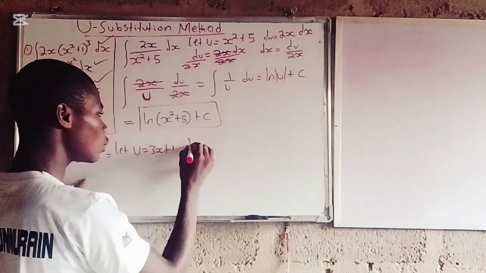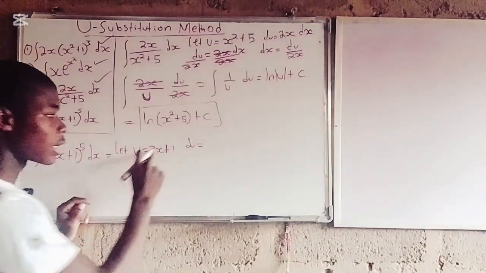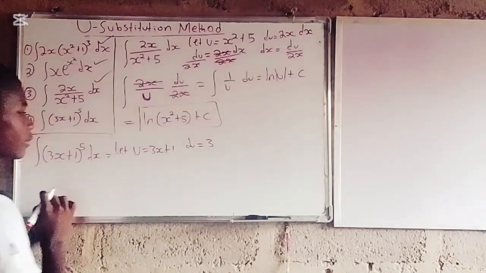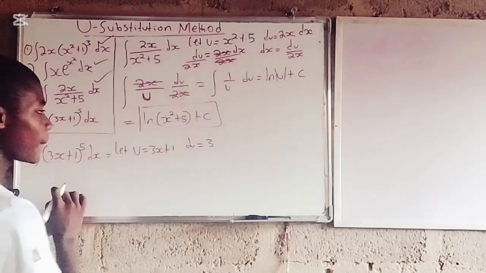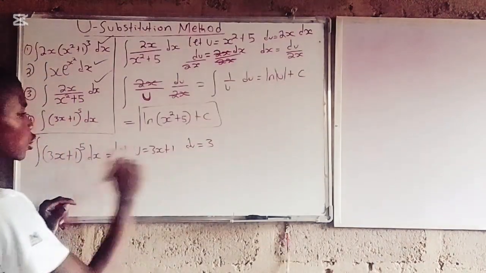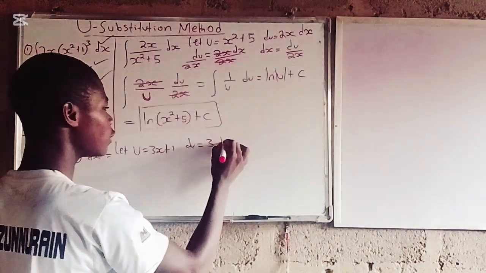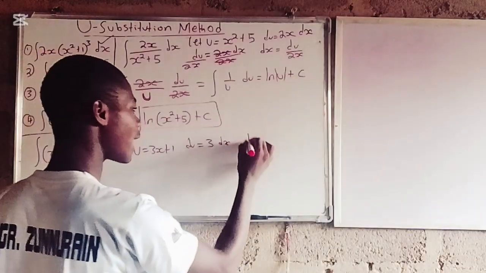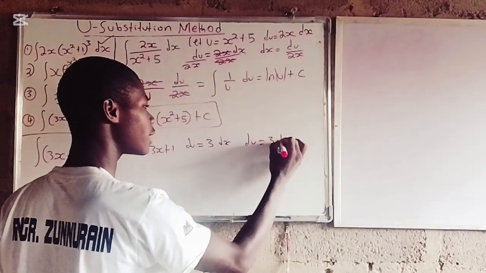What will be the du? The derivative of this will now be 3, as you can see. If I differentiate this, it should now become 3 dx. By dividing both sides, du equals 3 dx.